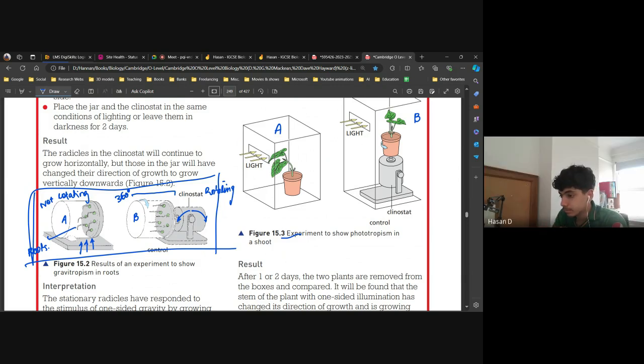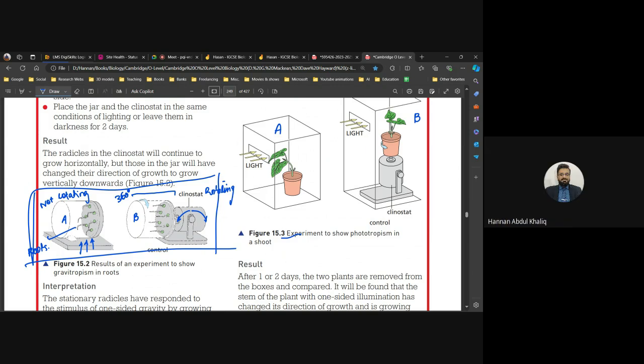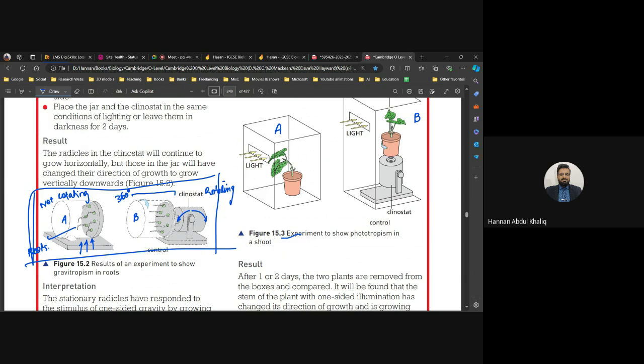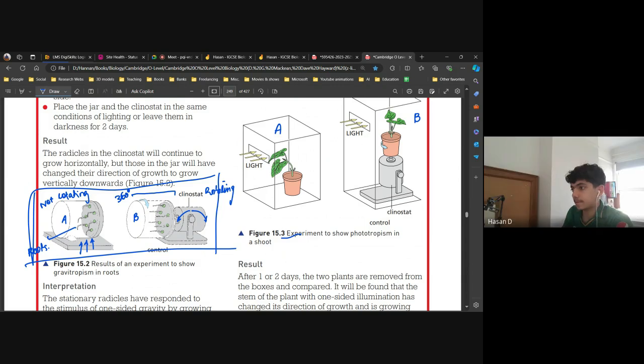Yeah. So, what effect would it have on oxygen? In the answer to this, you would say it would be concentrated equally on all sides. That's why it's growing.